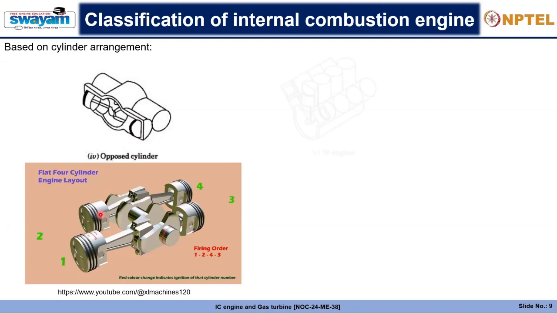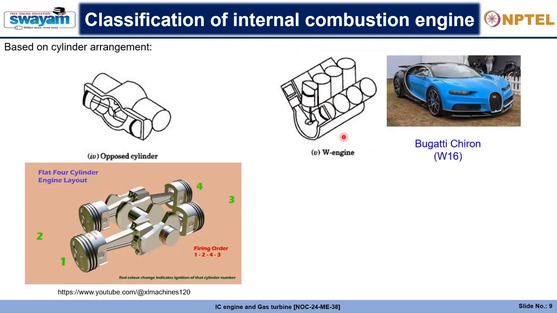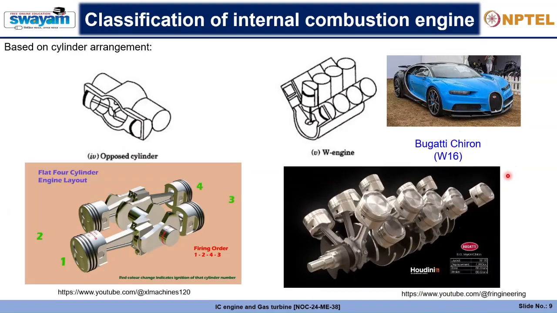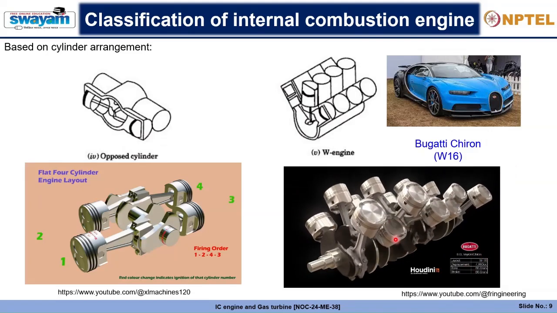Sure. Then moving on, we have the W engine, W-shaped. As you can see, this is a W, but exactly how it looks, I will show you in the engine of a Bugatti Chiron. You must know the Bugatti Chiron and Bugatti Veyron. These are super fast cars, right? There they use a W16 engine, and this is a demonstration of how it works.